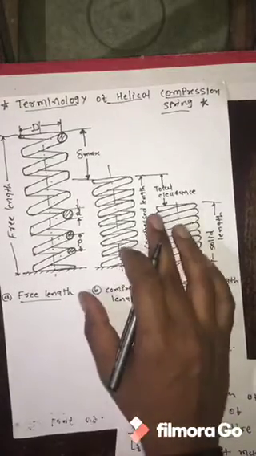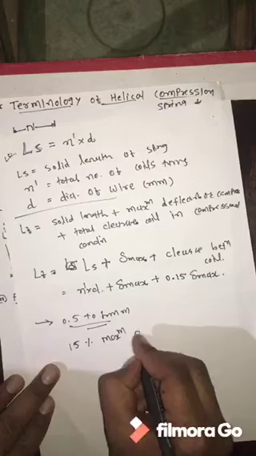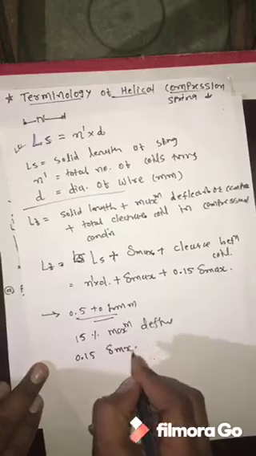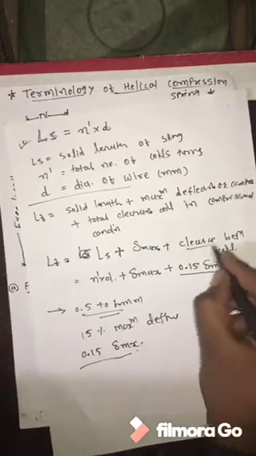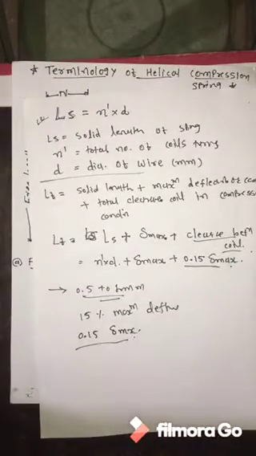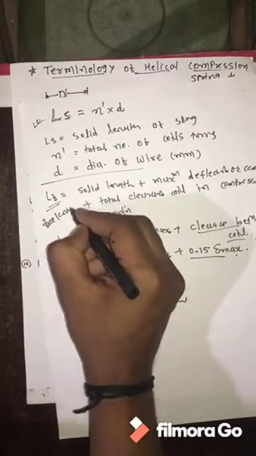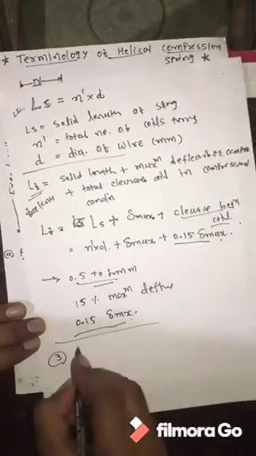But sometimes the total clearance between the coils in compressed condition is taken as 15% of the maximum deflection, that means 0.15 delta max. So that's why we take 0.15 delta max as the clearance between the coils in the compressed condition. So this one is the free length. Clear? Next one is the third one, spring index.